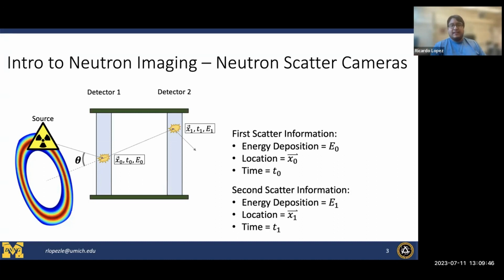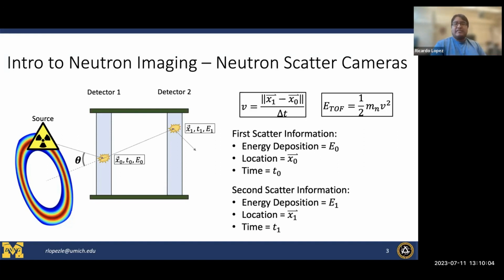Similarly, for the second elastic scatter in this example, you would get the same kind of information. Again, you'll know how much energy the neutron deposited in this event, its location, and the second timestamp for that second scatter. Now, since you know the time between events and you know the locations, you know the distance, so you can calculate the velocity of the neutron as it traveled from the first scatter to the second scatter.